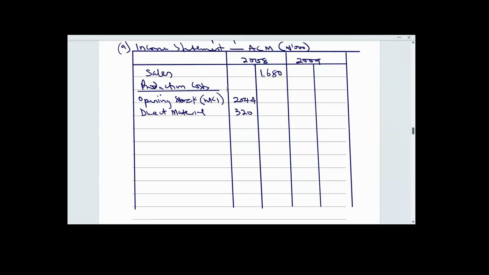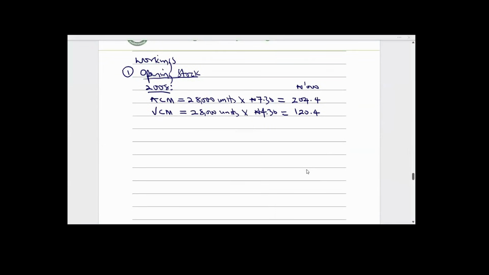Is that Phillips who is asking this question, that you don't understand how we got the 204.4? I'm the one, sir. Okay, that's Olalekan, right? Yes, sir. We have done the working; maybe you were not paying attention when we did it. This is how we got the 204.